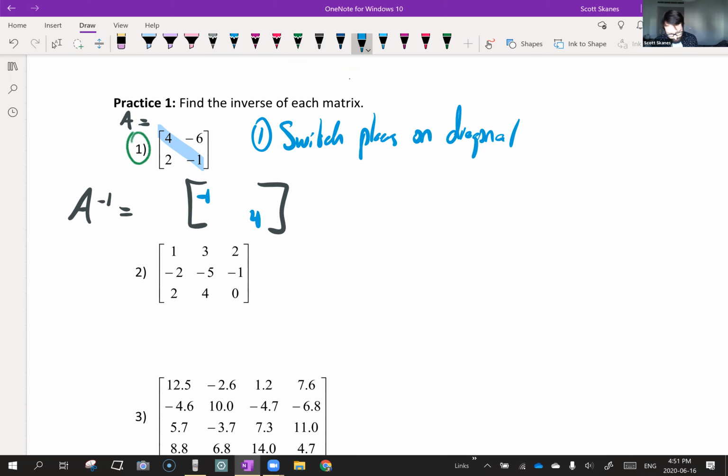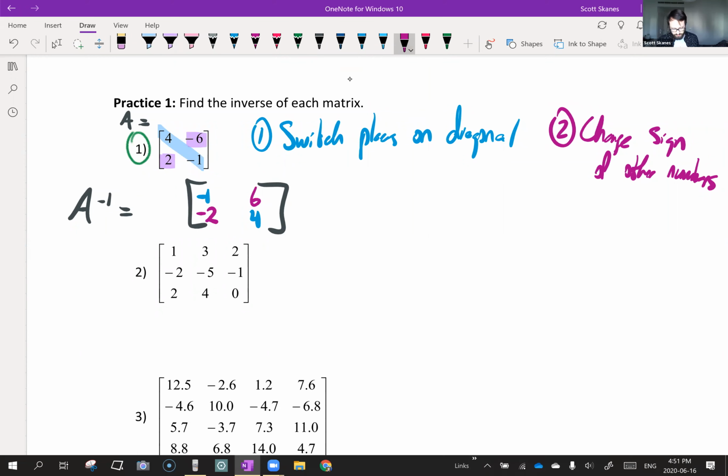Our second step is to change sign of the other numbers. And by other numbers, I mean the numbers that we didn't touch yet. So that's a -2 now, and this is a +6.